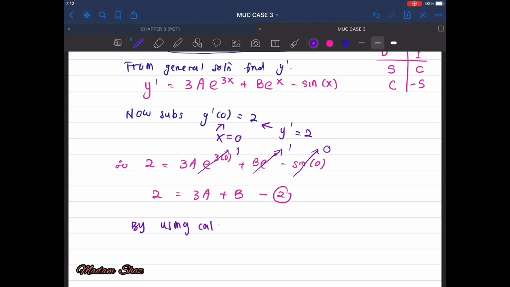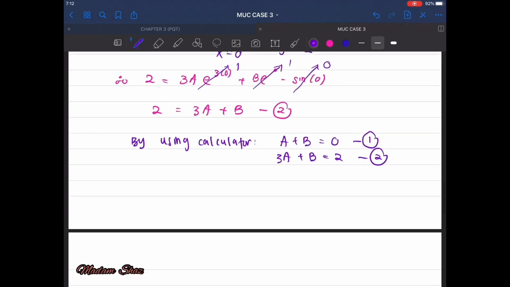So by using calculator, solve equation 1 and 2. So you have A plus B is equal to 0, equation number 1. 3A plus B is equal to 2, equation number 2. You have to make sure that you write the same constant at the front.